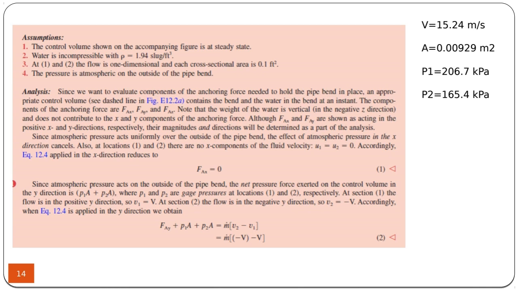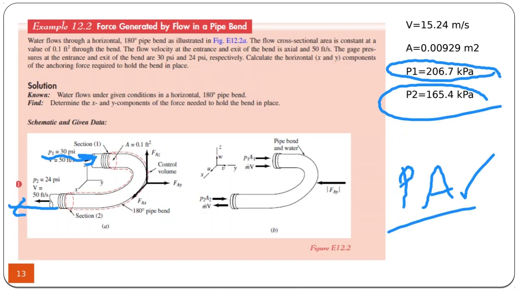Let's take a look at the axes first. This is the x-axis. Do you think there would be any x force here? No, because the flow is in the y direction, so Fx is equal to 0.